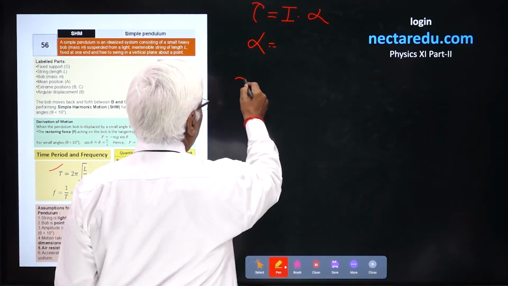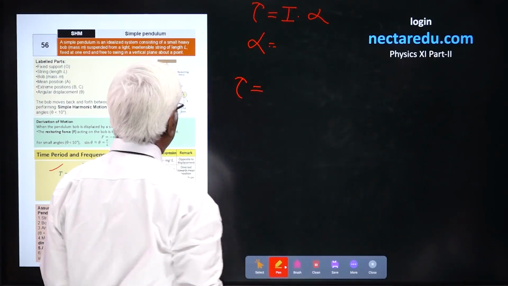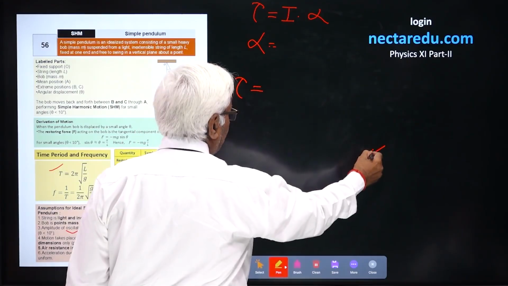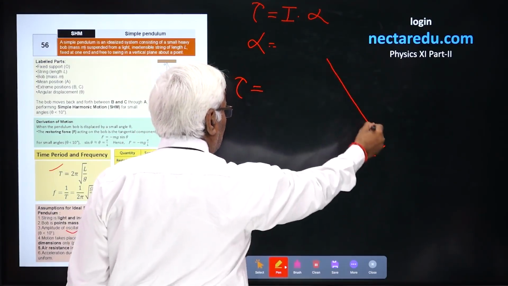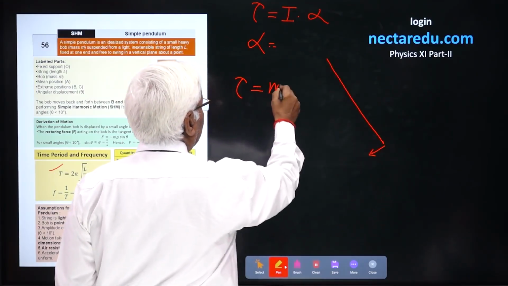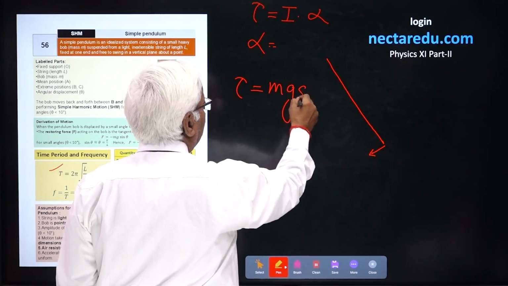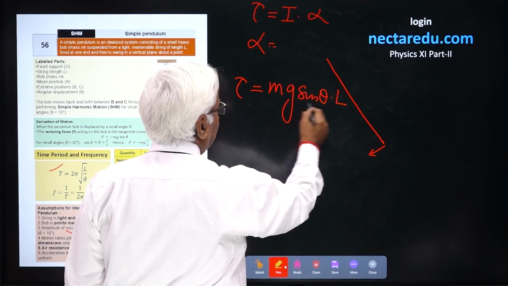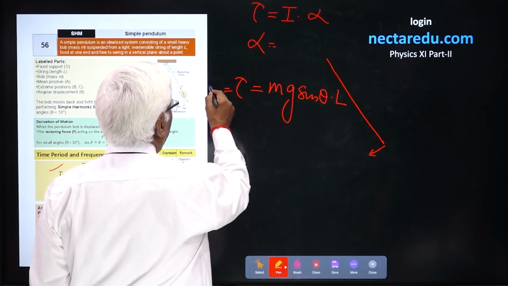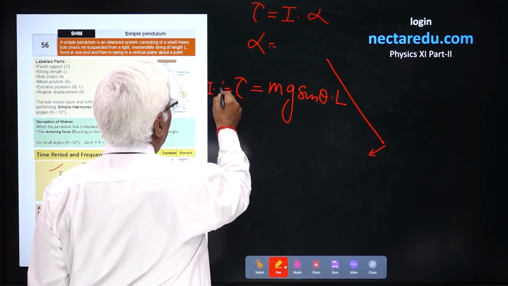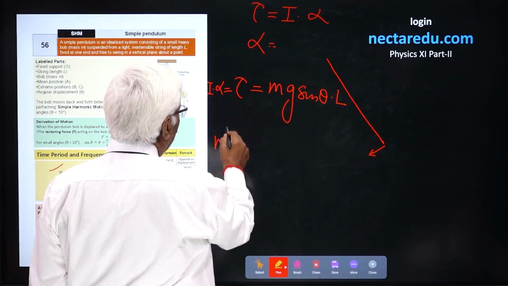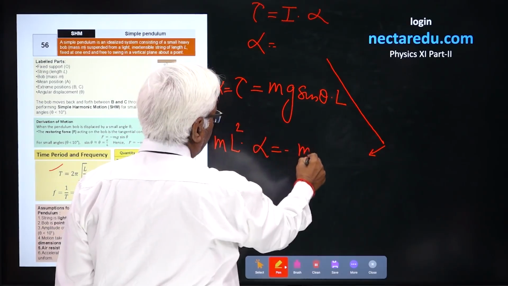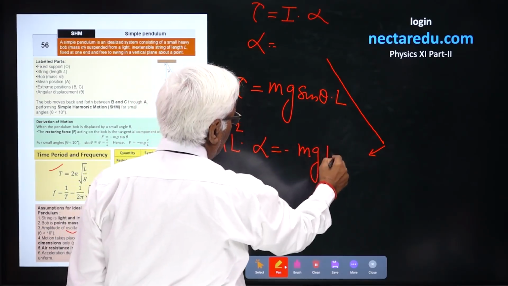Restoring torque could be written as force into perpendicular distance. As I told you, force would be mg sin theta and the perpendicular distance will be L. Then this torque would be written as mg sin theta into L, and this will be I alpha, where I is mL square, so minus mgL sin theta equals mL square alpha.